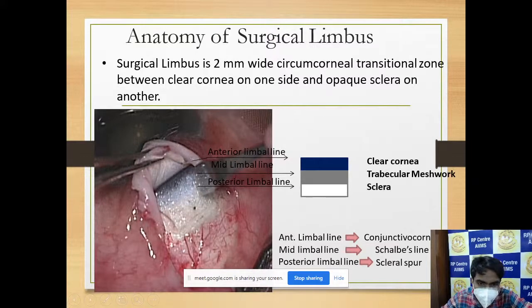Anterior limbal line corresponds to the corneoscleral junction. Mid limbal line corresponds to Schwalbe's line, where you can actually see the trabecular meshwork structure, which filters the aqueous. Then the posterior limbal line indicates the scleral spur.